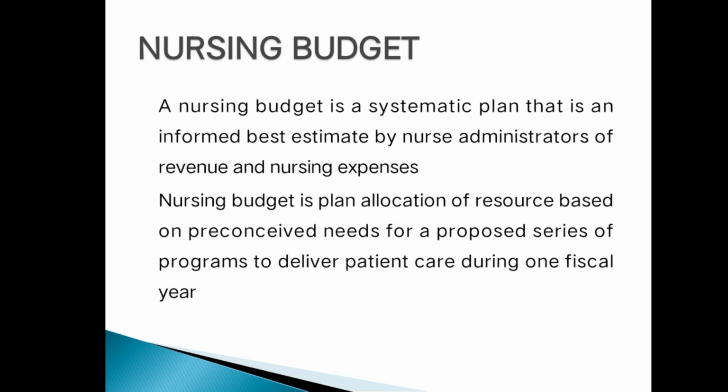If we are doing the recruitment, or giving pension schemes, or giving training for the personnel, each and every single movement of the nurses needs budgeting. That is known as a nursing budget. The nursing budget is also planned based on the resources, and based on one fiscal year.